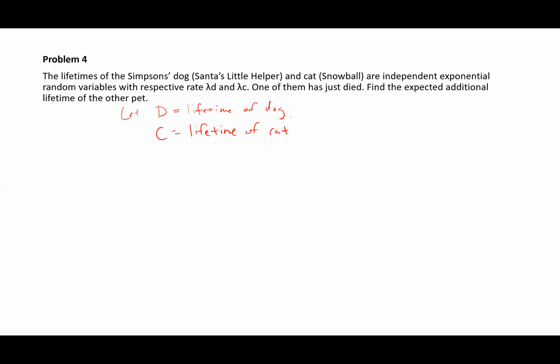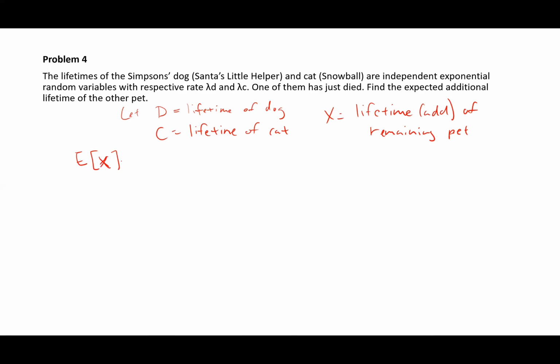Okay, so I want to know the expected value of, and I'm going to say X is the additional lifetime of the remaining pet. So we want to find the expected value of X.